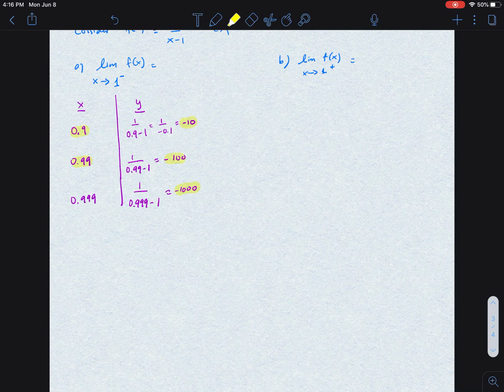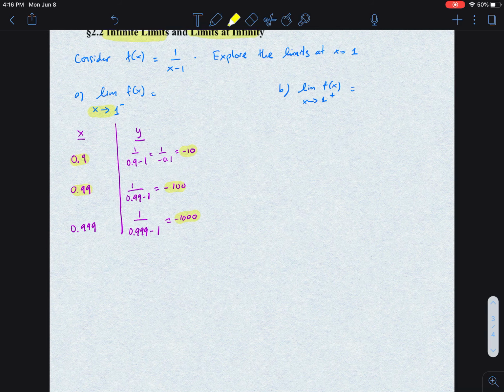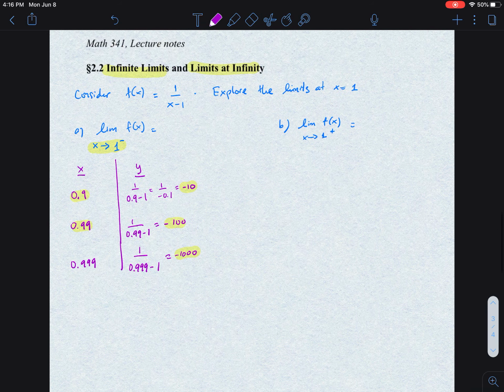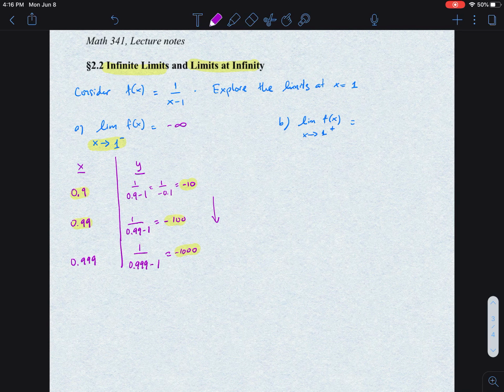It's going to keep getting bigger and bigger in the negative direction. So we can say that as x gets closer to 1 on the left side, the function values are decreasing to negative infinity.